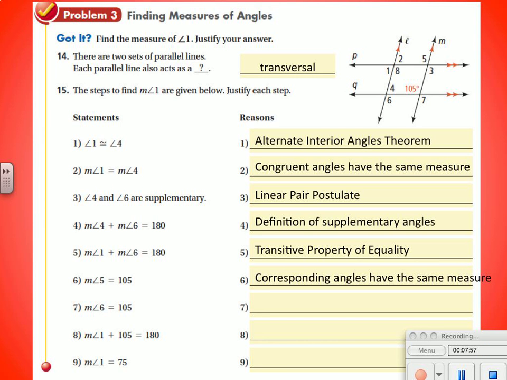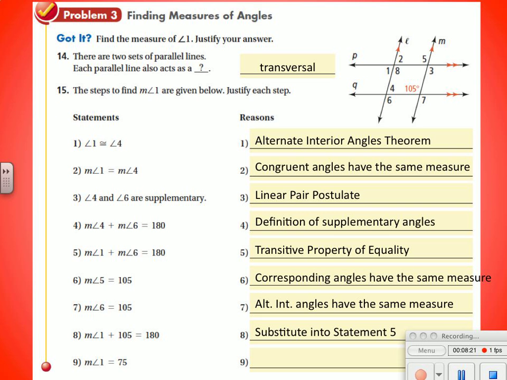And then the measure of angle 5 equals 105 because corresponding angles have the same measure. The measure of angle 6 equals 105 because alternate interior angles have the same measure. So I can say the measure of angle 1 plus 105 equals 180. Substitute into statement 5.